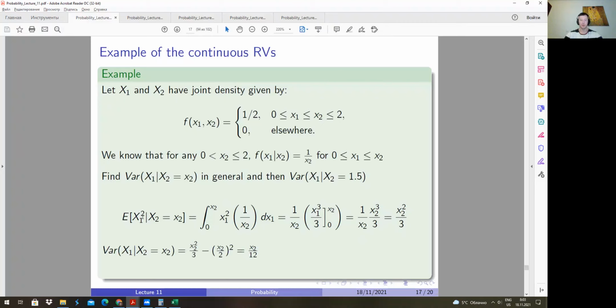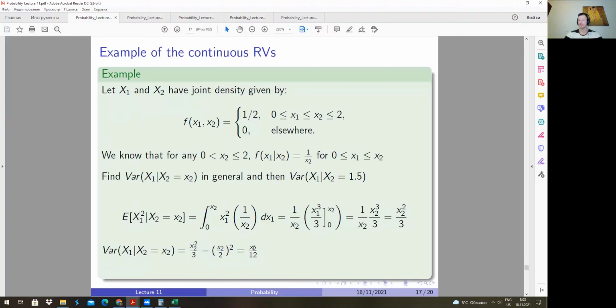Now the variance is x2 squared over 3 minus (x2 over 2) squared, the expectation from the previous example. And this gives me x squared over 3 minus x squared over 4, sorry, which is 4x squared minus 3x squared over 12, and finally it's x.